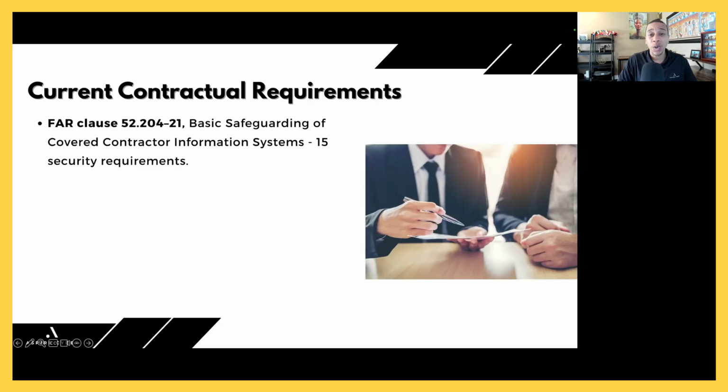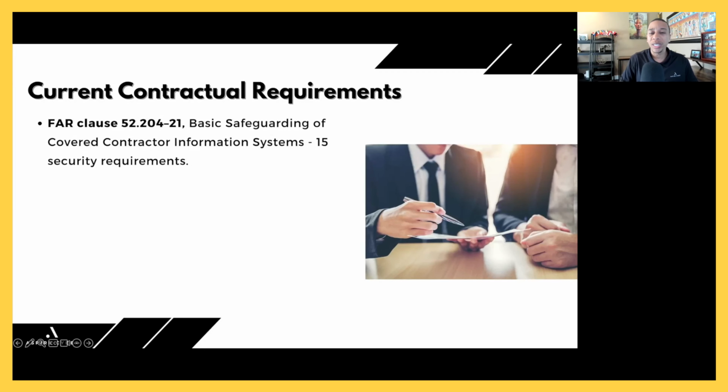As a federal contractor, you should care about CMMC Level 1 because the Federal Acquisition Regulation Clause 52.204-21, also known as FAR 21, is a requirement for all federal contractors that process, store, and transmit federal contract information.